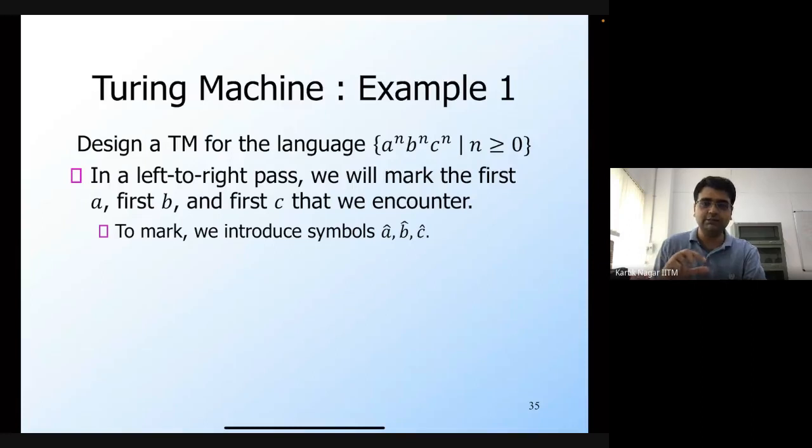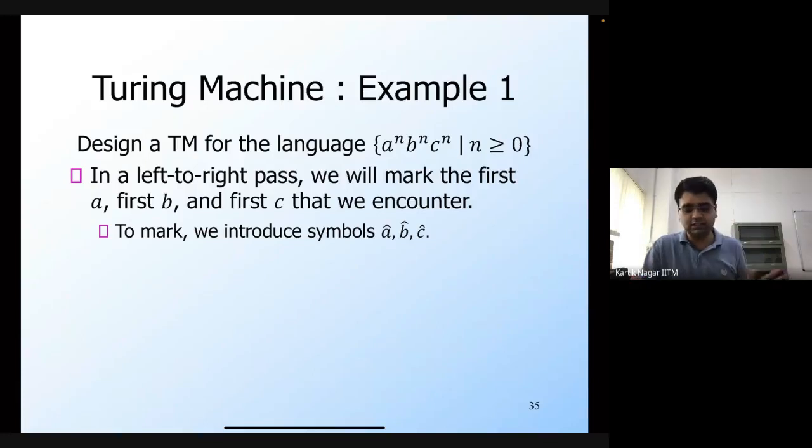We will do this one by one. We will match a single A with a single B and a single C, and we will keep on doing this until we have matched all the A's, B's, and C's. And if there are any remaining A's or B's or C's, then we are going to reject. Otherwise, we are going to accept.